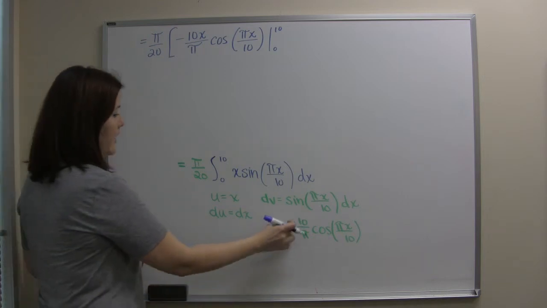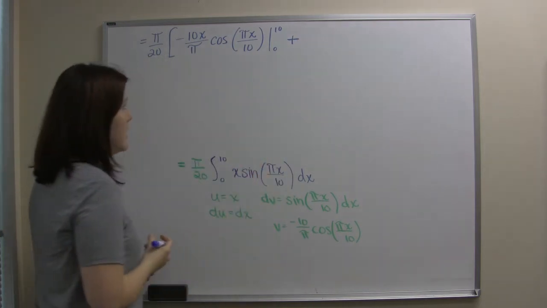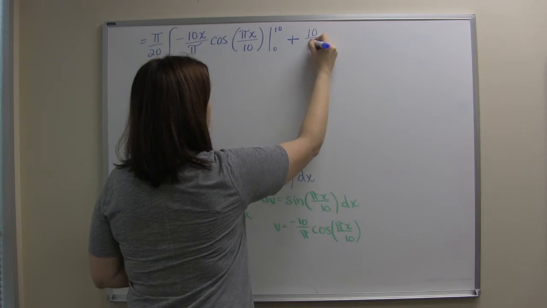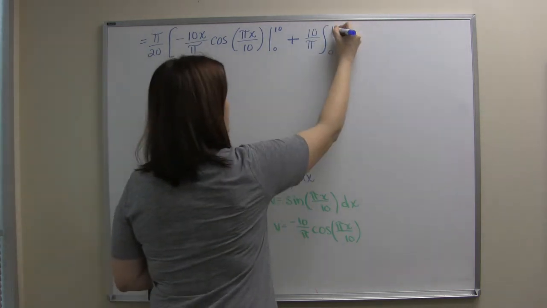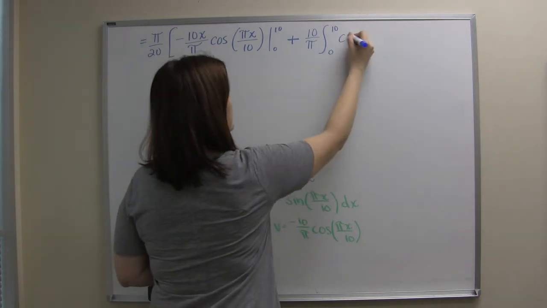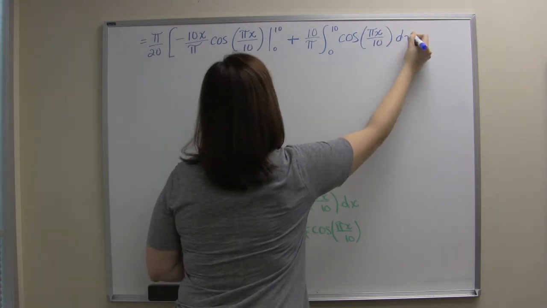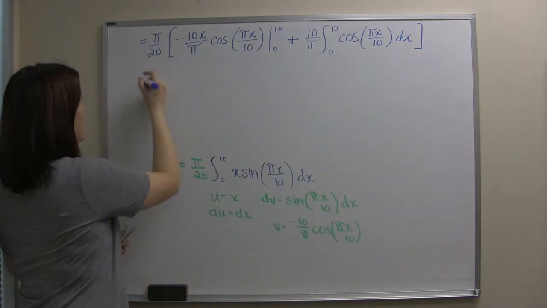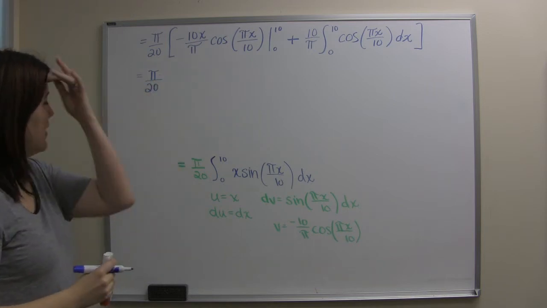So notice again that I have a negative here. So even though there's a negative in integration by parts, that's going to turn out to be positive. And then I'm going to also take out this 10 over pi, and I'll have the integral from 0 to 10 of v du, cosine pi x dx. All right. So I want to notice something about my constants here.